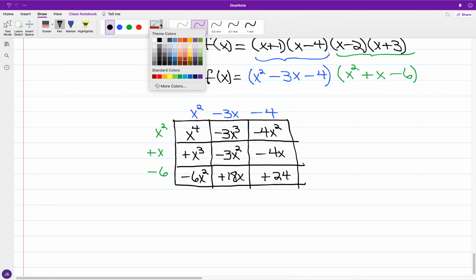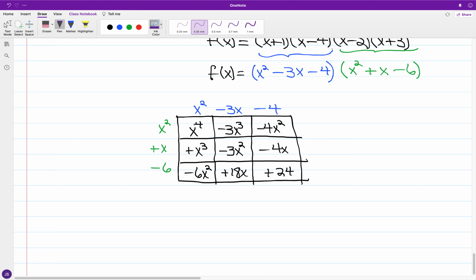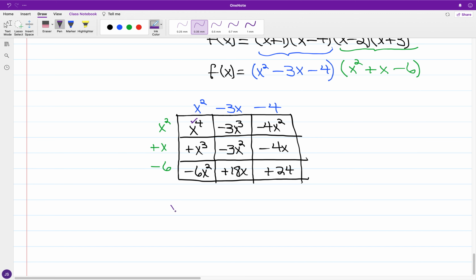And so just looking at what we have upon itemizing, the highest order term is x to the fourth. Next, I have 1x cubed and a negative 3x cubed, so that would be minus 2x cubed. Then in the squares, you have a bit of a diagonal pattern: negative 6 minus 3 minus 4, so it'd be minus 13x squared.